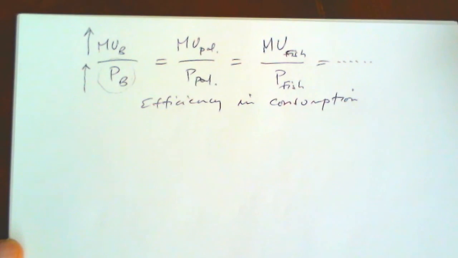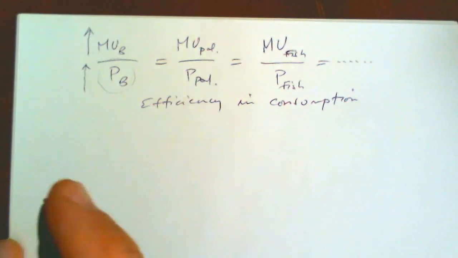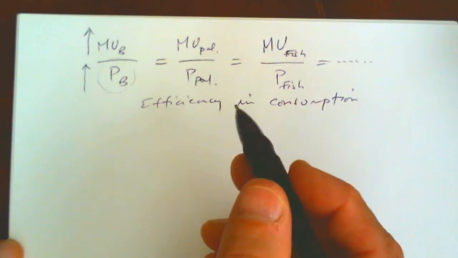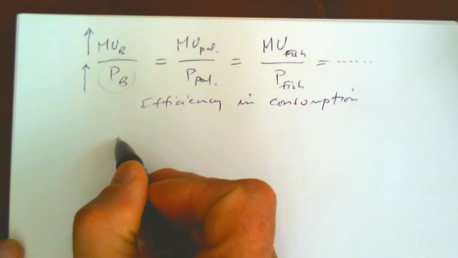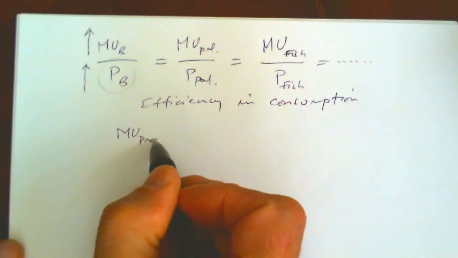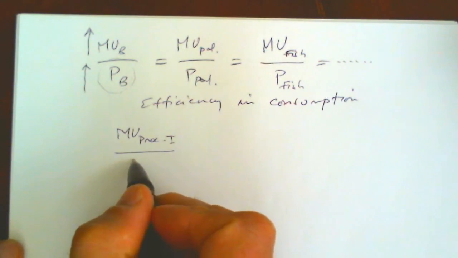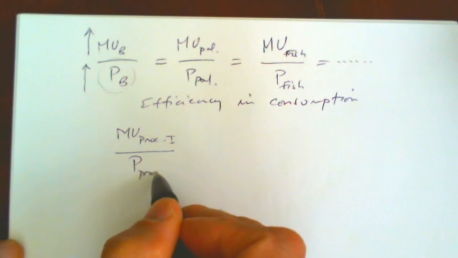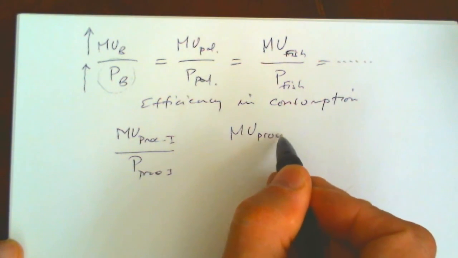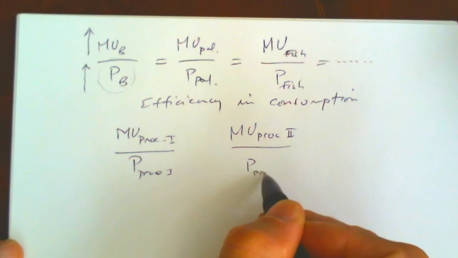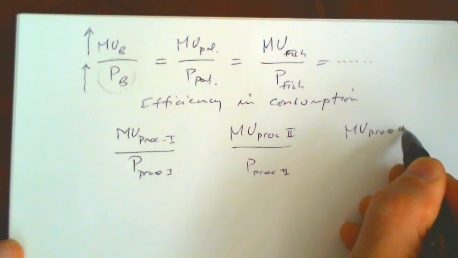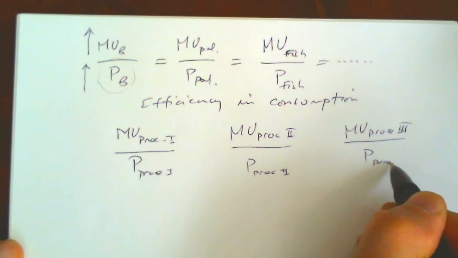However, let's see if this idea can be applied to medical care. You may have a condition that needs certain treatment, and let's say there are 3 different possibilities. Each one of those possibilities has costs and benefits. So the marginal utility of, let's say, procedure 1, given the cost or price of procedure 1, you compare with the marginal utility of procedure 2 given the price of procedure 2, and then the marginal utility of procedure 3 given the price of procedure 3.